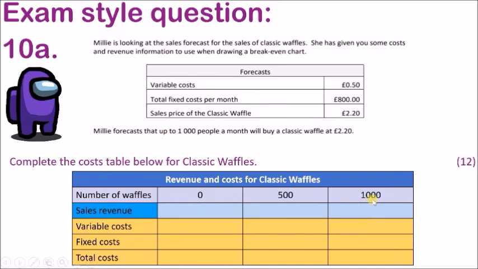So you've got 1,000 classic waffles multiplied by the £2.20 for your sales revenue, and then you've got 1,000 classic waffles multiplied by the 50p for your variable cost. And remember, don't get misled by the decimal point there. Fixed cost as you've done, and then you total variable and fixed for your total costs.